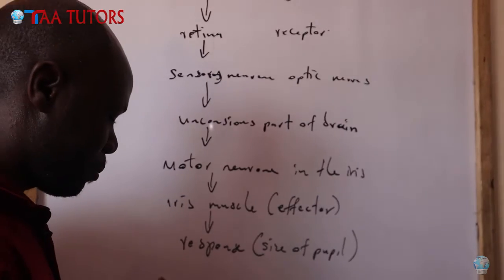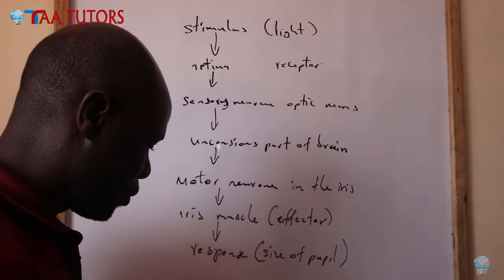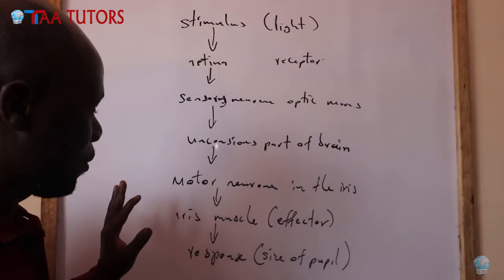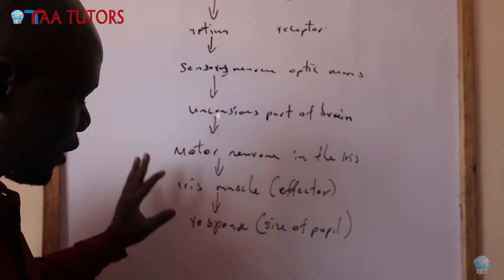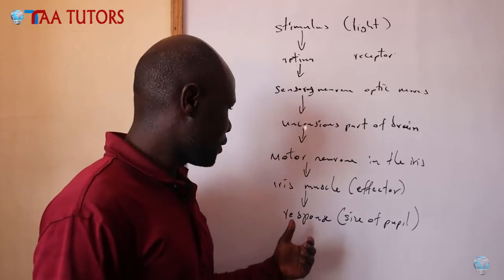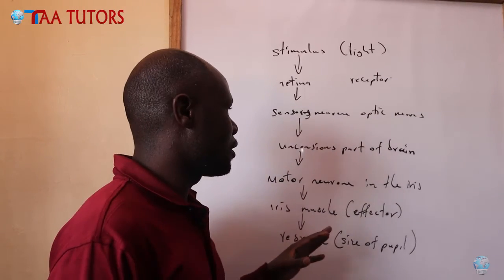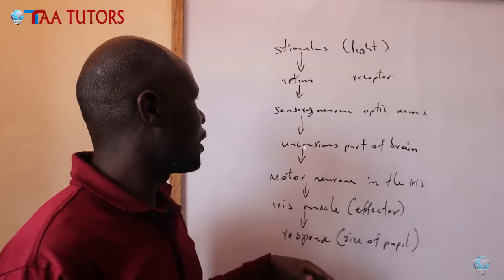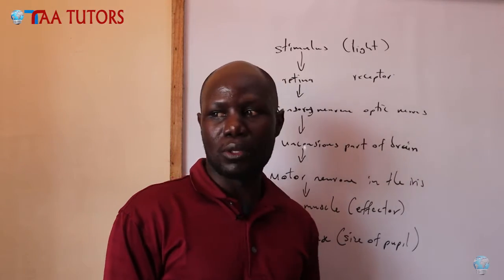That is a response that normally occurs in our body. This is what we should be understanding up to this point. I think it's a very simple and straightforward idea, and if you follow it very well, I know everything will be okay with you.